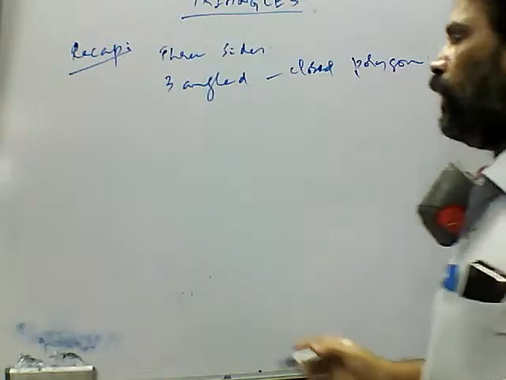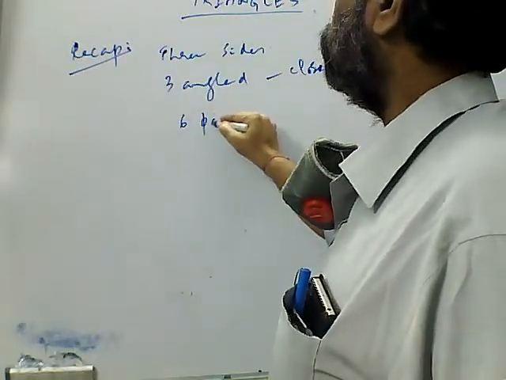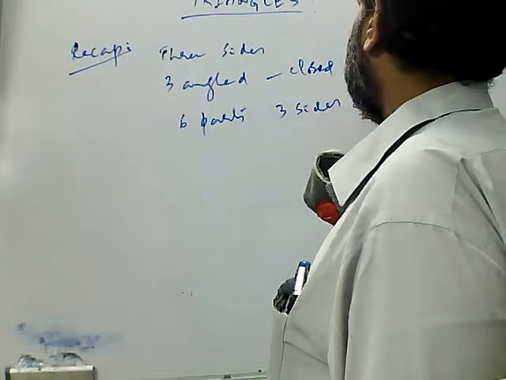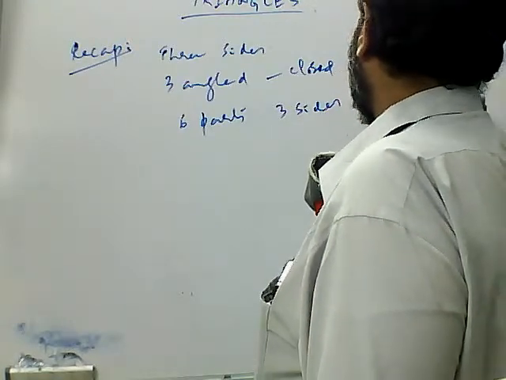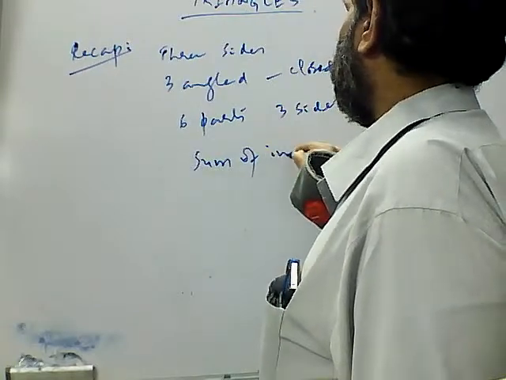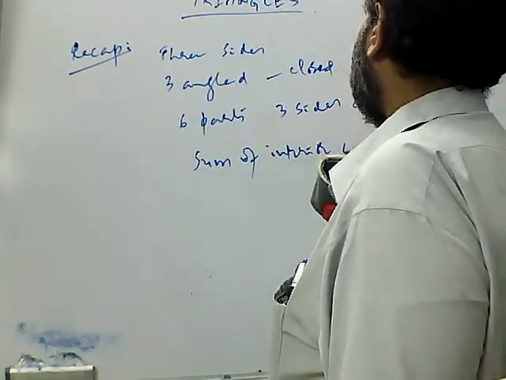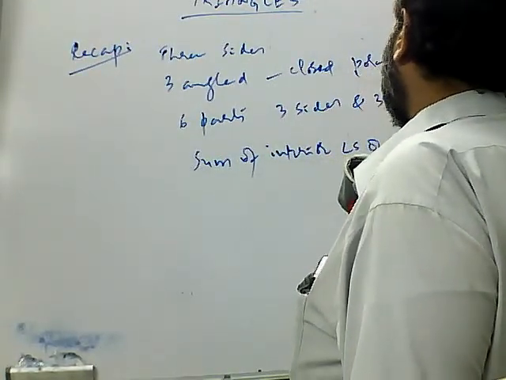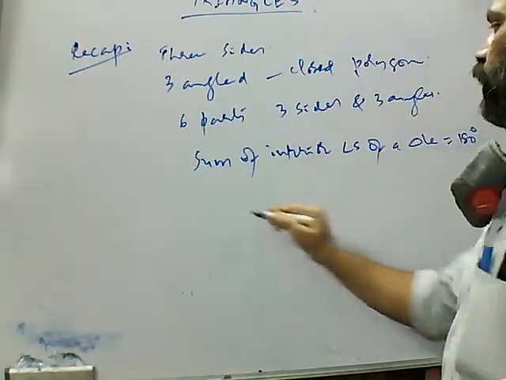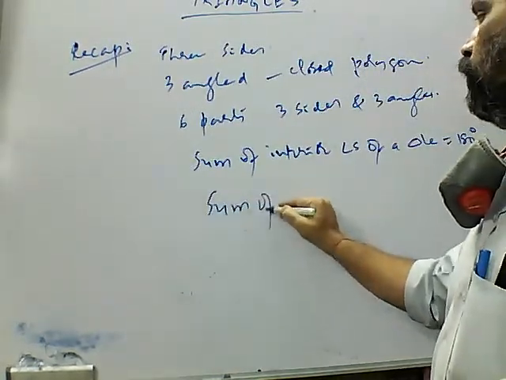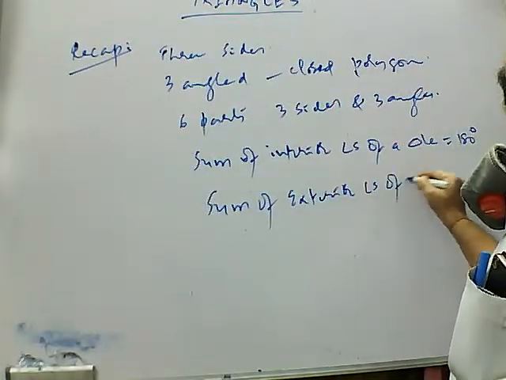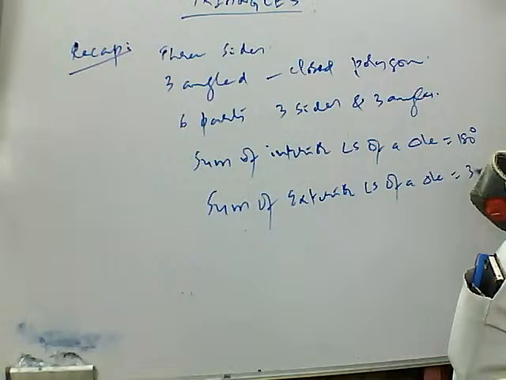So there are 6 parts, 3 sides and 3 angles, right? The sum of interior angles of a triangle is equal to 180 degrees, and the sum of exterior angles of a triangle is equal to 360 degrees.